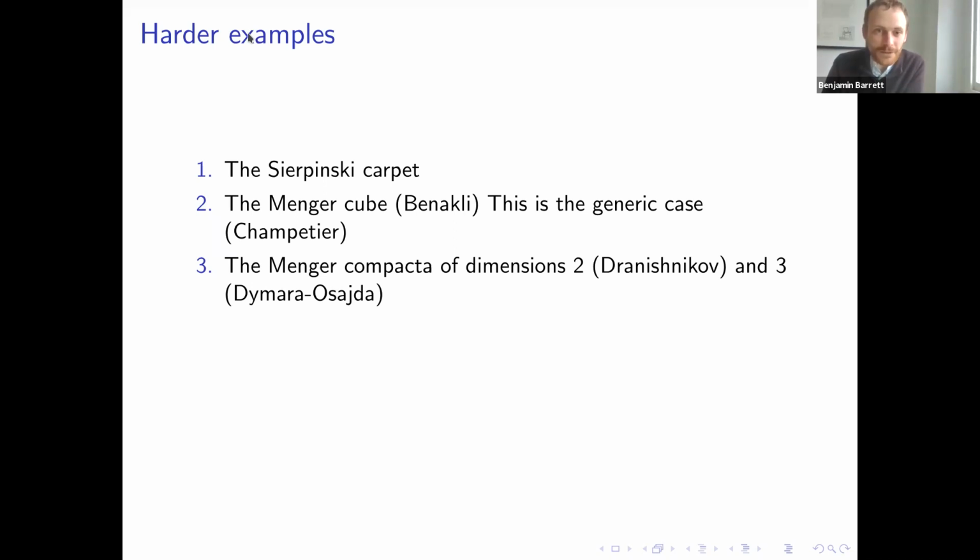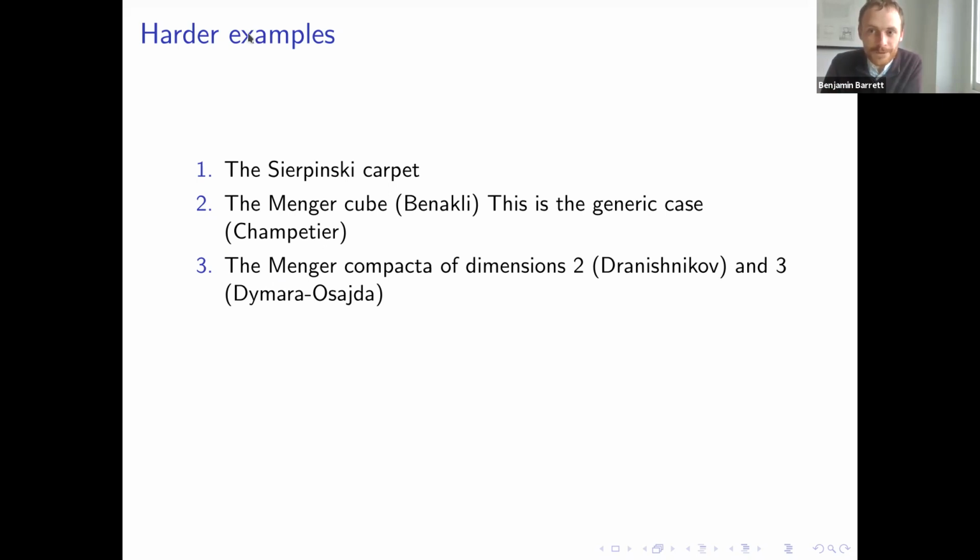And it's a theorem of Dranishnikov that the 2-dimensional Menger compactum is the boundary of a hyperbolic group. And then it's also a theorem of Dymara and Osajda that the 3-dimensional version is the boundary of a hyperbolic group. Of course, there are analogues of Menger compacta in dimensions greater than 3, and it's actually an open question whether or not those are boundaries of hyperbolic groups.